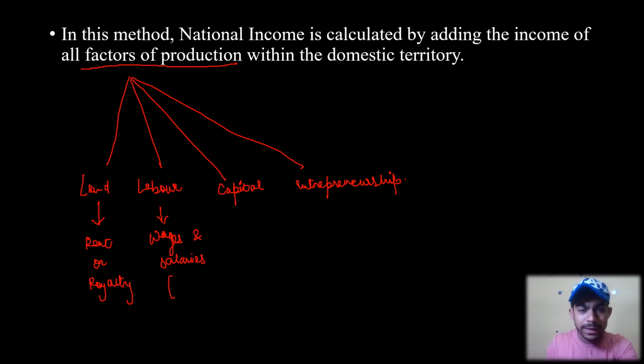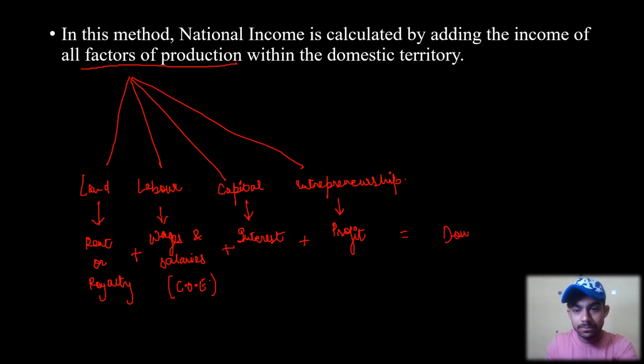And in more technical terms, we can say it's COE, that is compensation of employees, that we will discuss later on. Now the third one is capital, and in return we get interest, and entrepreneurship gets profit. So basically, if we add all these incomes together, we get factor income or domestic income.